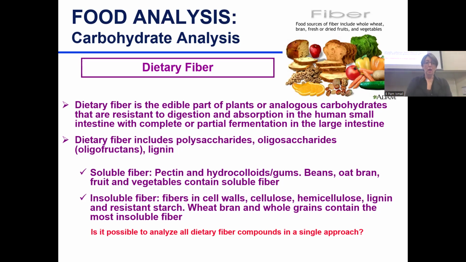Okay, so dietary fiber, the simplest definition: it's the edible part of our food that cannot be digested. So we eat it, it goes through our digestive system. It has different health impacts, but it's not digested and the components are not absorbed into the bloodstream.